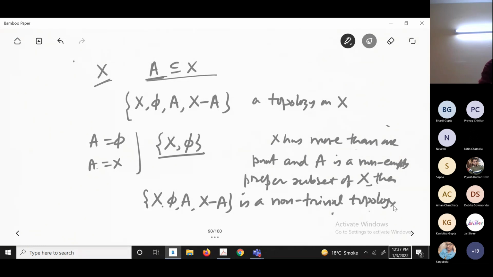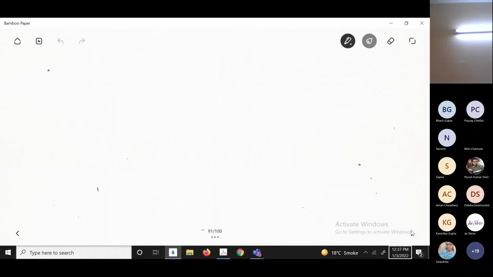Well, fine. So you have defined topology.